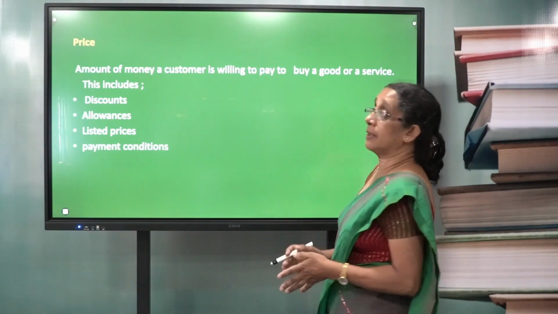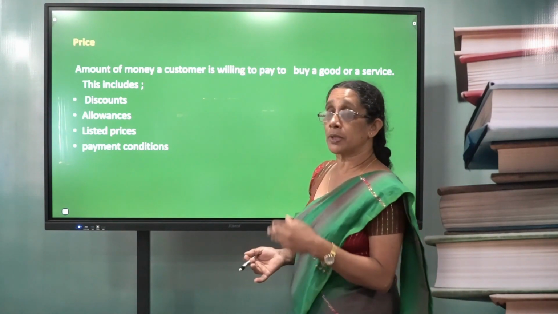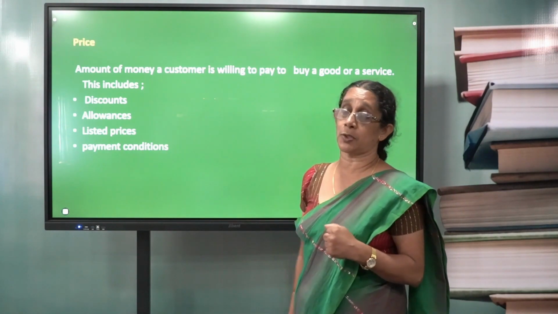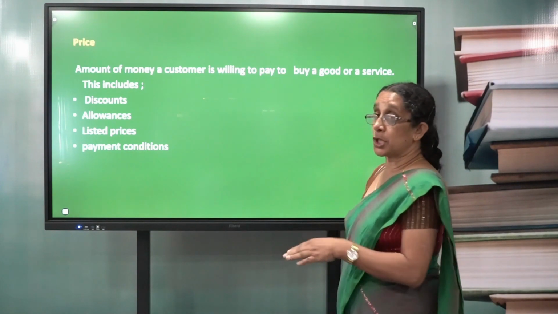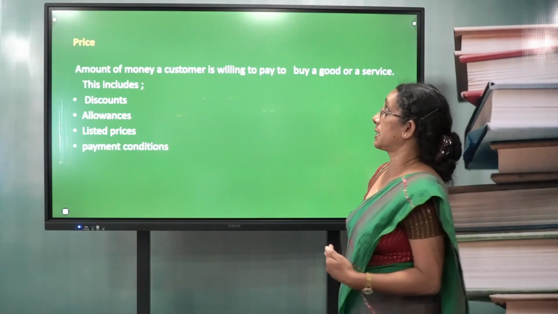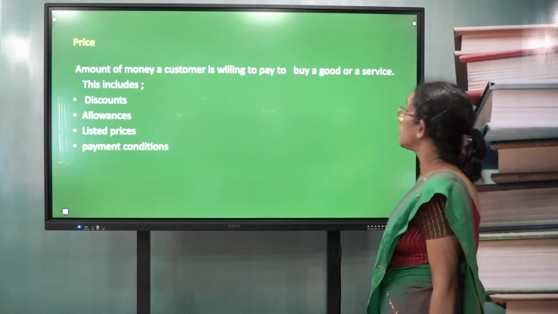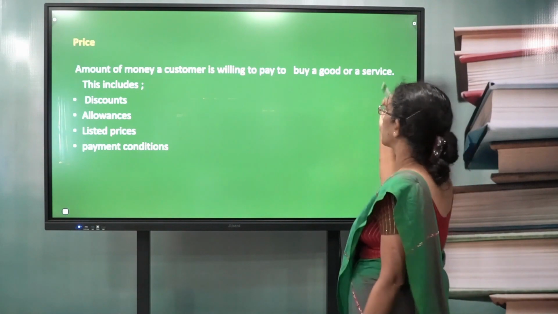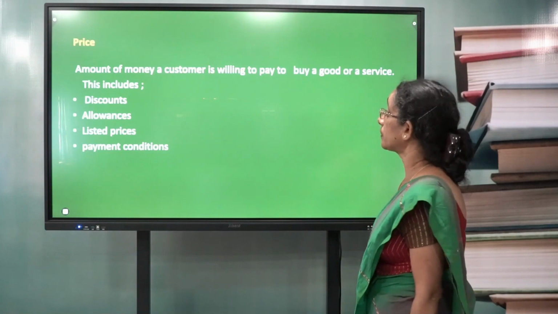And the other part, price is also a determining factor to businesses. It is the only variable businesses can change in order to have profits. Price is the amount of money a customer is willing to pay to buy a good or a service.